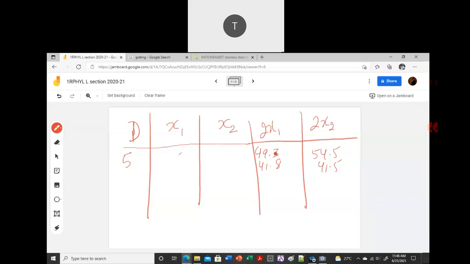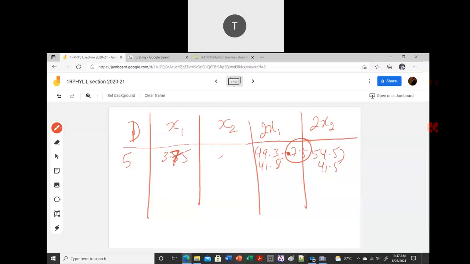You get some value, and then you have to divide it by 2. If I take this, this is 7.5. Now if I divide it by 2, then it will be 3.75. So this is your x1.